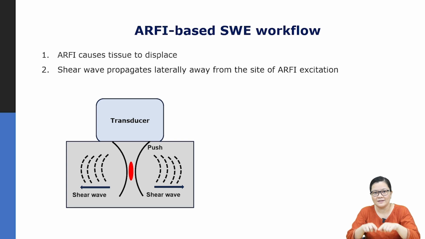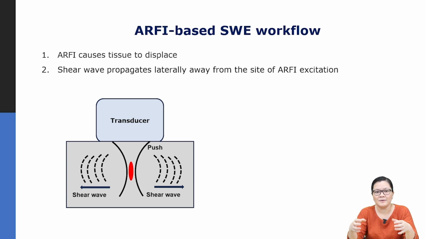And because of that, a shear wave will then form that is traveling laterally from the site of RF excitation. This shear wave will travel on both sides away from the RF excitation location. This is similar to a still pond, where you can think of the RF pulse as a drop of water that goes onto the still pond and creates ripples.